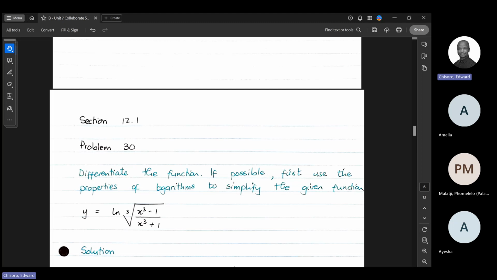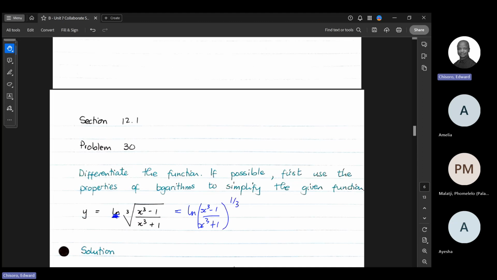There are going to be a couple of rules in play, but before we go ahead and do the differentiation, we can simplify this to make life a little bit easier for ourselves, because there is a natural log there, and then there's a radical. So we can write that as ln of a fractional exponent instead of a radical. So we have x cubed minus 1 over x cubed plus 1, all to the power of 1/3.